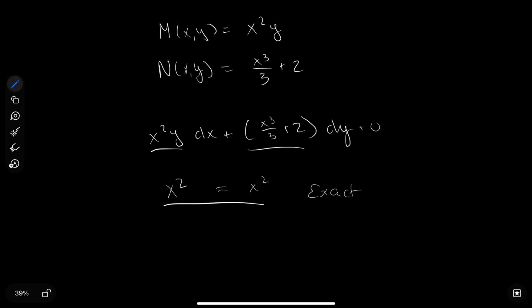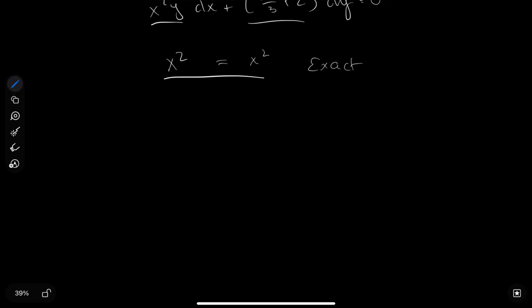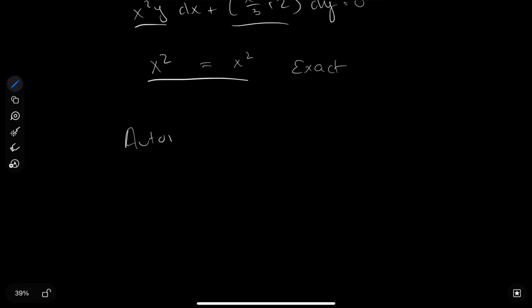So the next type of classification would be autonomous. Now, this is probably the most niche and least useful. Essentially, if a differential equation is autonomous, it means that the independent variable, that could be x, t, whatever, does not appear in the differential equation itself.